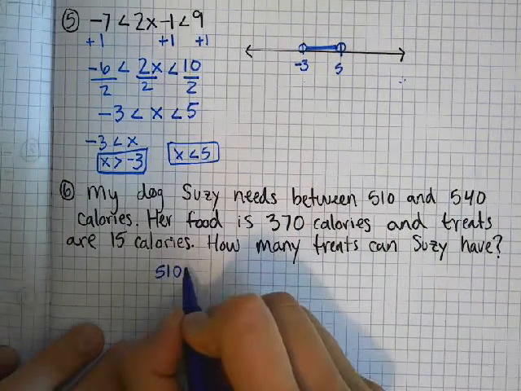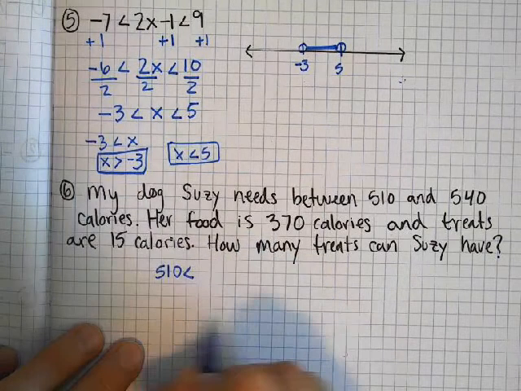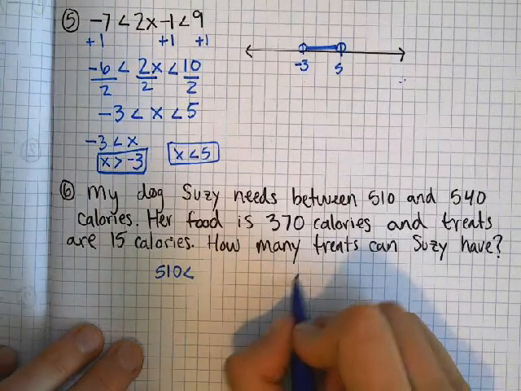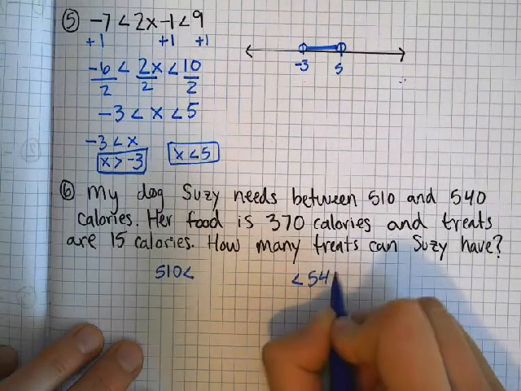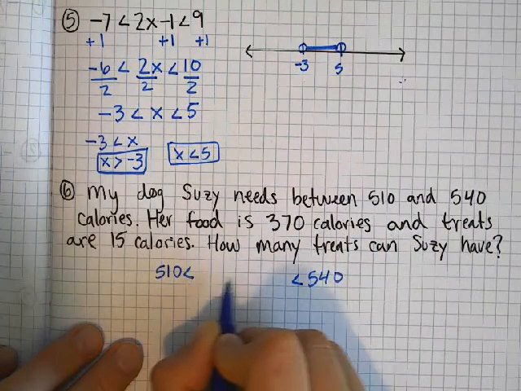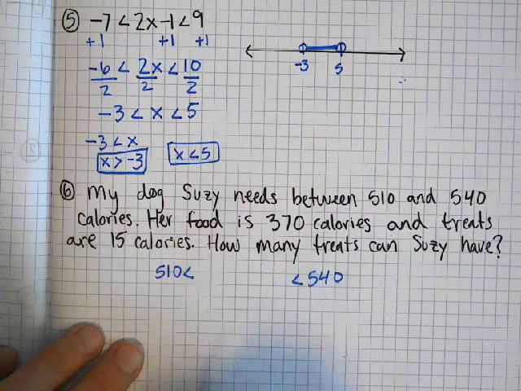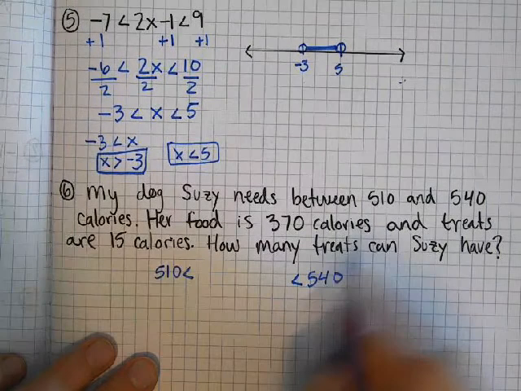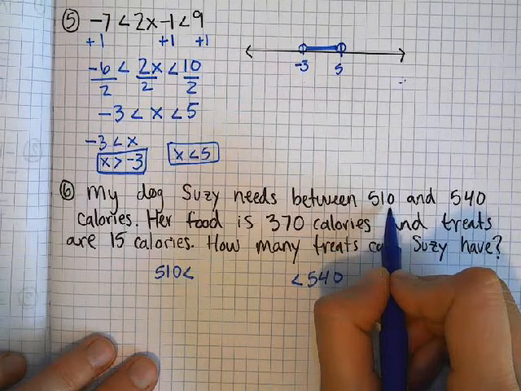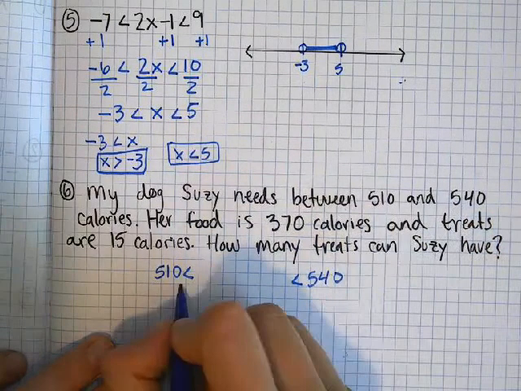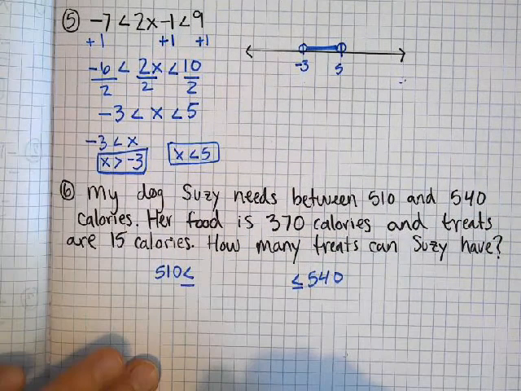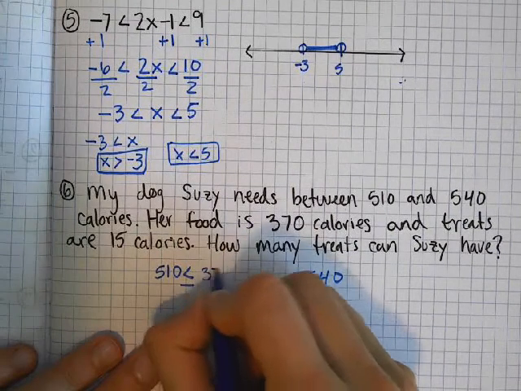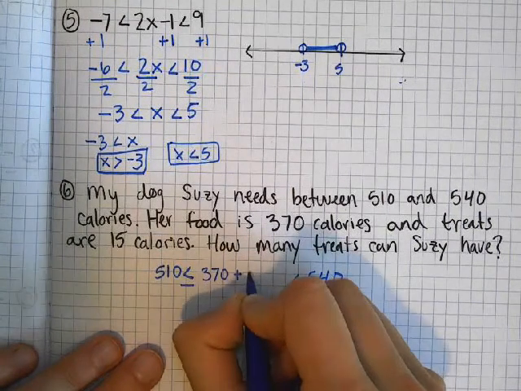All right, so we've got to make an inequality. I like to start with, what can she eat? We want it to be more than 510, but also less than 540. So we want somewhere in between here. Let's say that she can have 510 calories and she can have 540, so we're going to make those "or equal to."